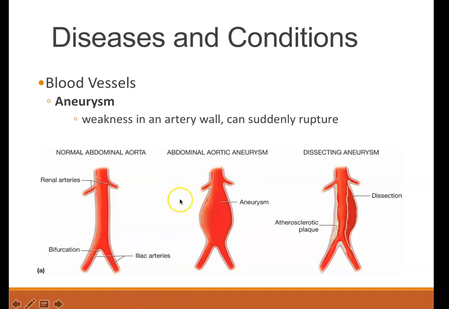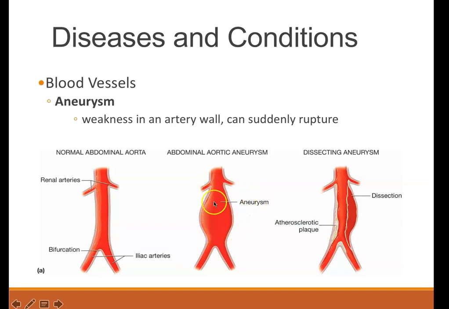It's dangerous because there are no symptoms of an aneurysm. What you have symptoms of is when it ruptures. If an aneurysm ruptures and bleeds, if it's in the brain, you can suffer a stroke. If it ruptures in the heart, you can have a heart attack.